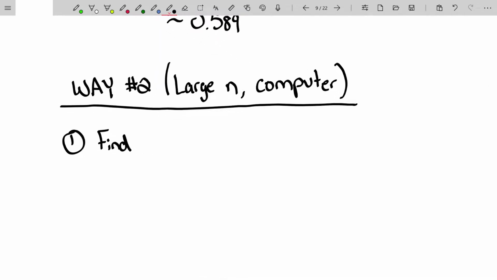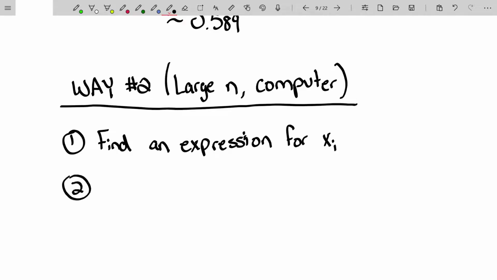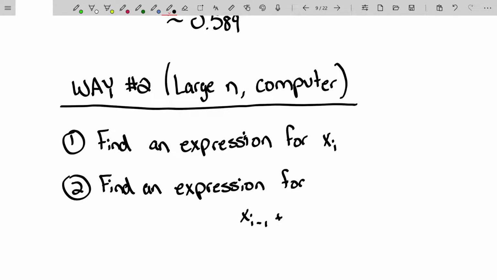So in this case, you're going to find an expression for, first of all, x sub I. And then 2, you're going to find an expression for x sub I minus 1 plus x sub I, over 2.